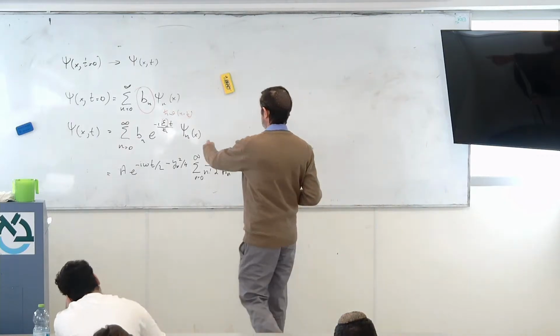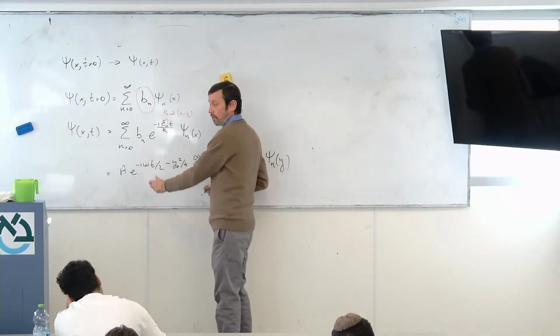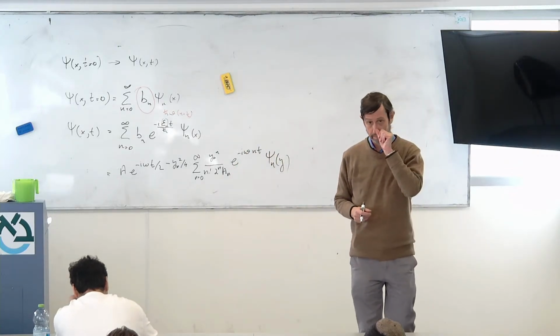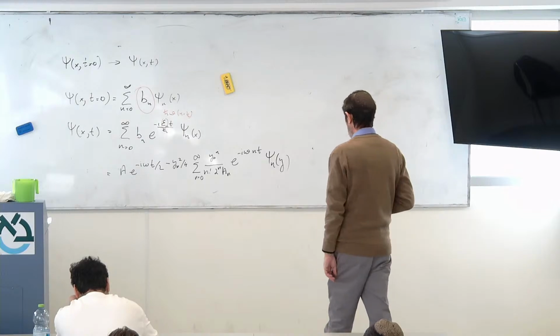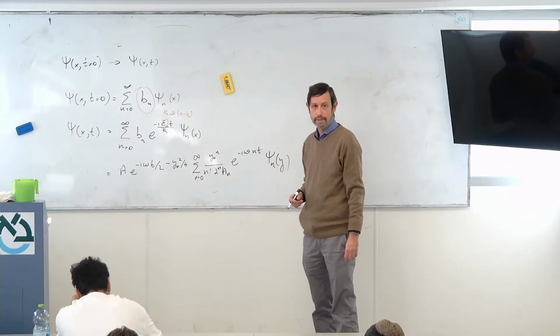And since half times h bar omega is a constant, I pulled it out before the summation. Okay, it doesn't look like a summation that I'll have fun doing.